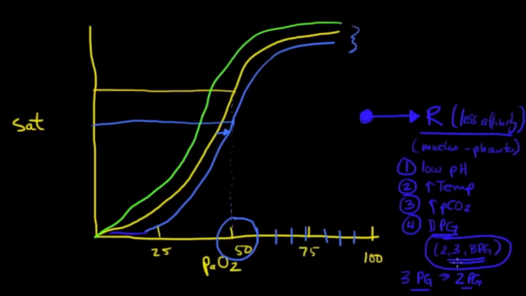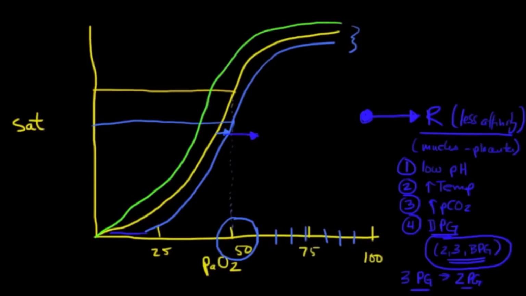That makes sense because in pregnancy you're going to want your hemoglobin molecule to be able to give up more oxygen to the fetus. You're going to see this increased in pregnancy, and you're going to see this hemoglobin molecule shift to the right.